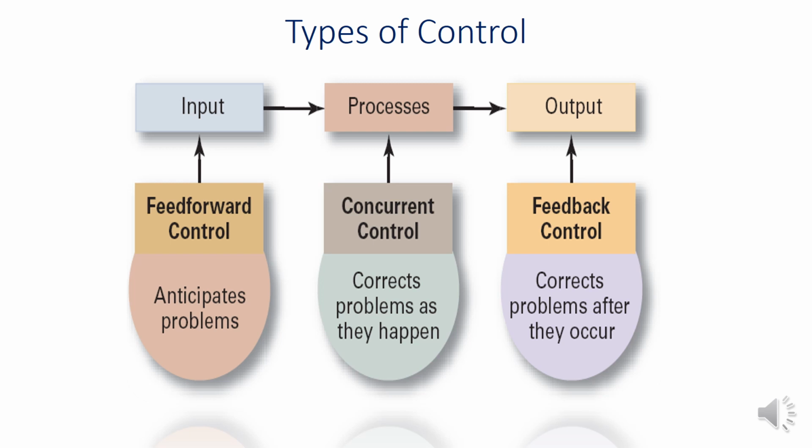If you have any deviation, then you see what type of corrections you have to make. That is called feedback control. These are the three types of control at different stages of your process. These are some of the control processes we do on the management side. With this we will stop our discussion, and we will see the remaining in the next session.